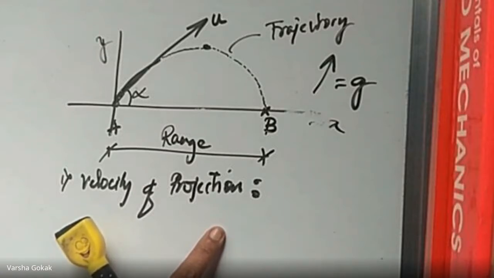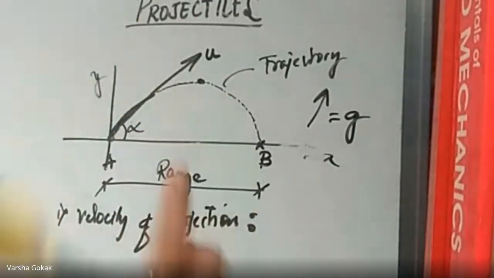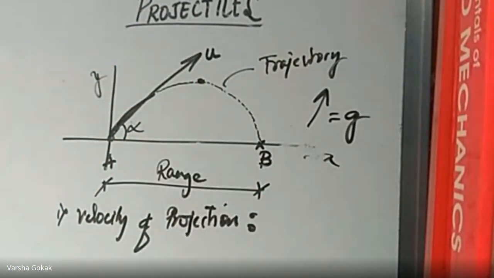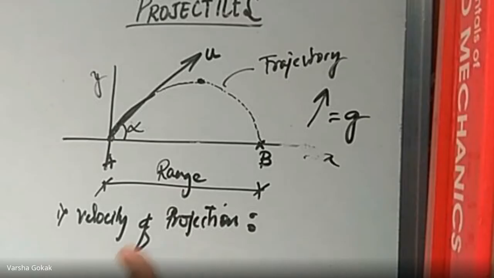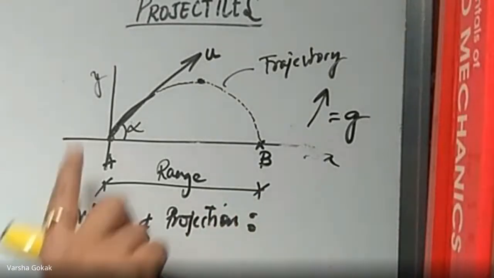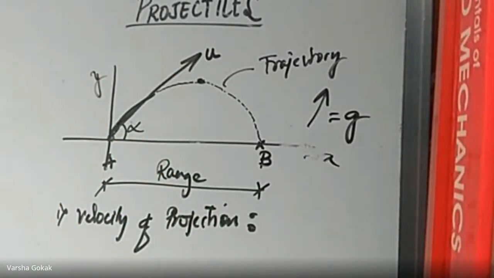I want answers. From the figure, can you tell me what is the velocity of projection? Particle is projected into space, correct, with some velocity, right? In the figure, which is that velocity? Correct, Anusha?